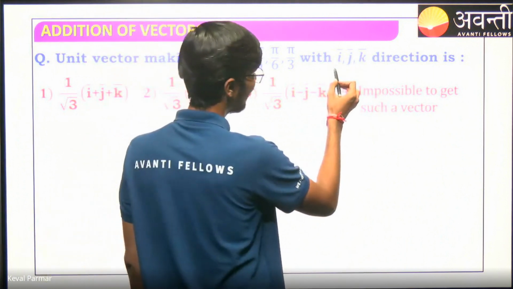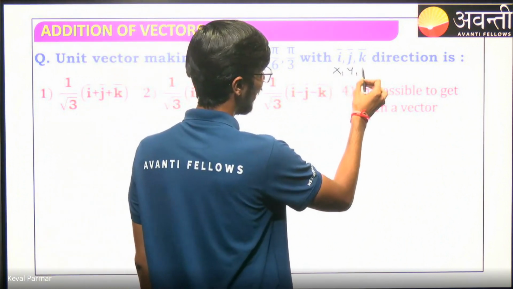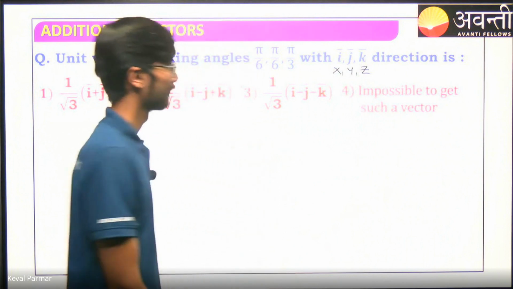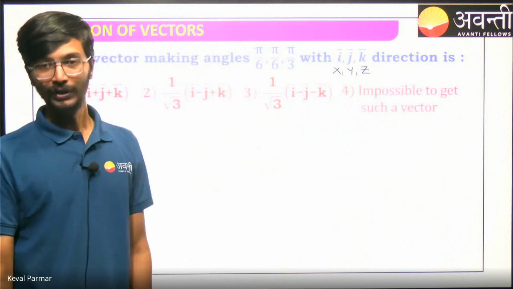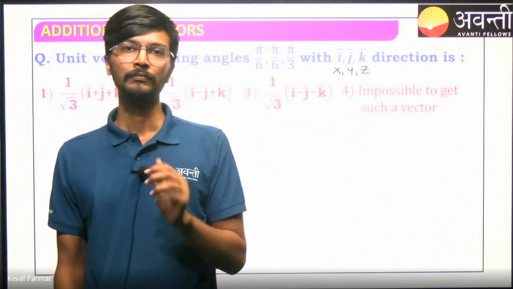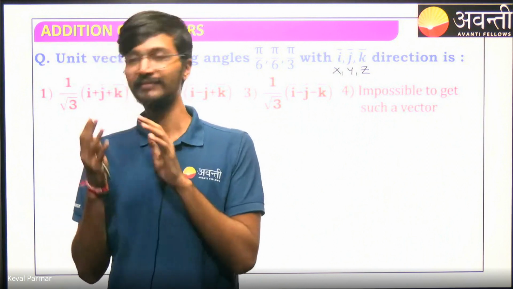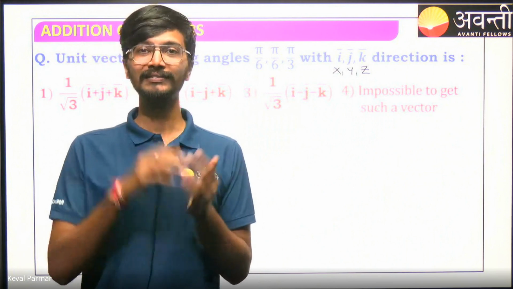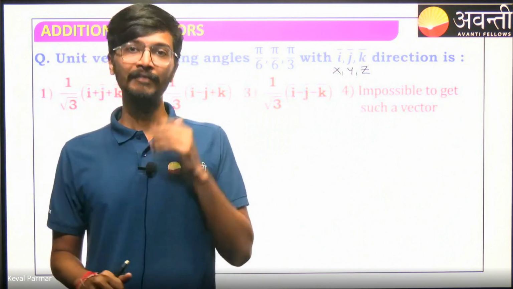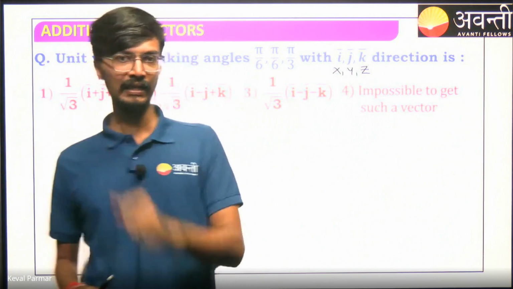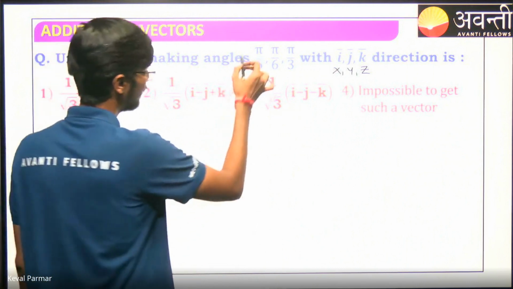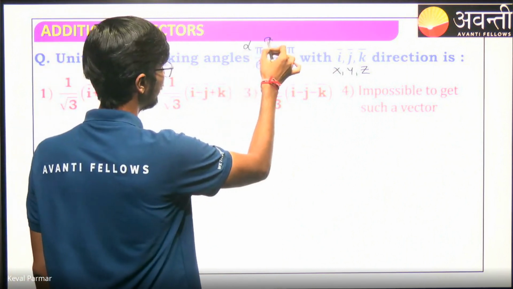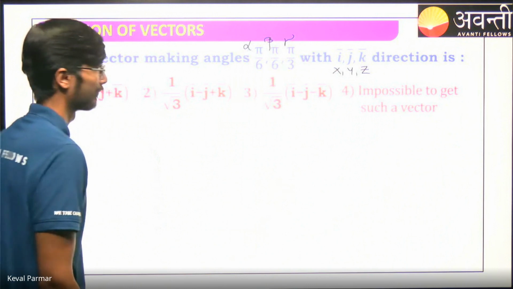What is ijk? Basically these are the x, y and z axes. So if a line makes angles with the x, y, z axes, we call them direction angles, and we denote them by alpha, beta and gamma.